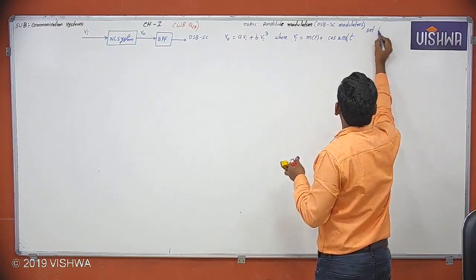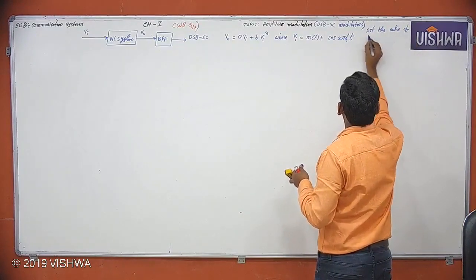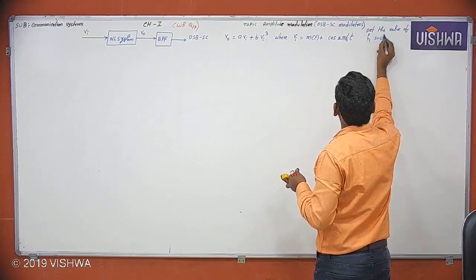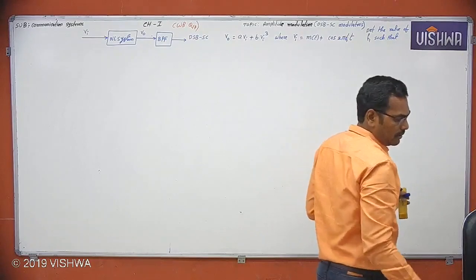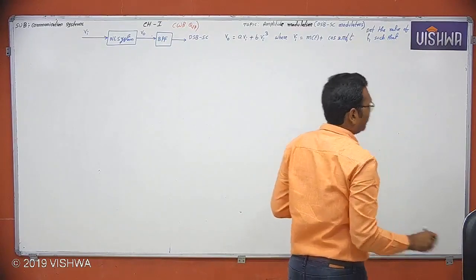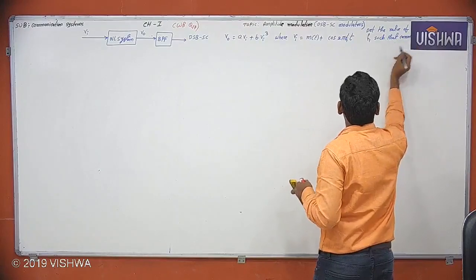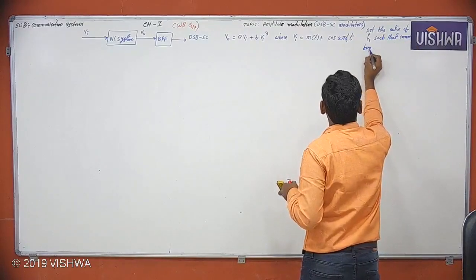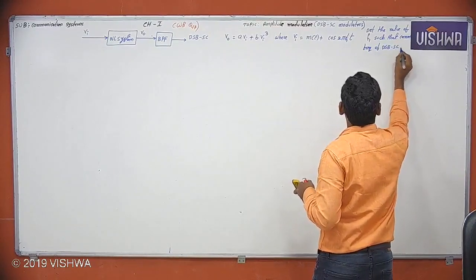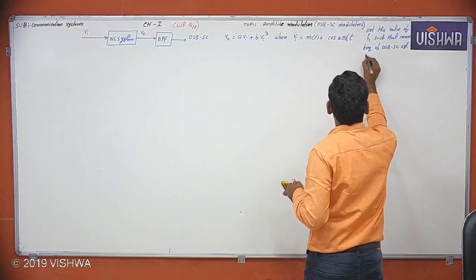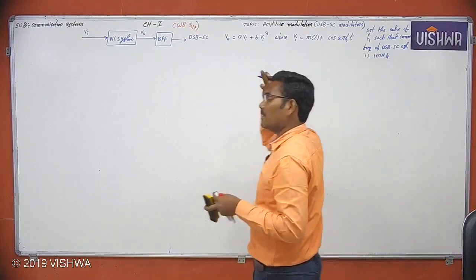Determine the value of f1 such that the carrier frequency of the DSBSC signal is 1 megahertz. This is the question finally. Do you understand the question or not?